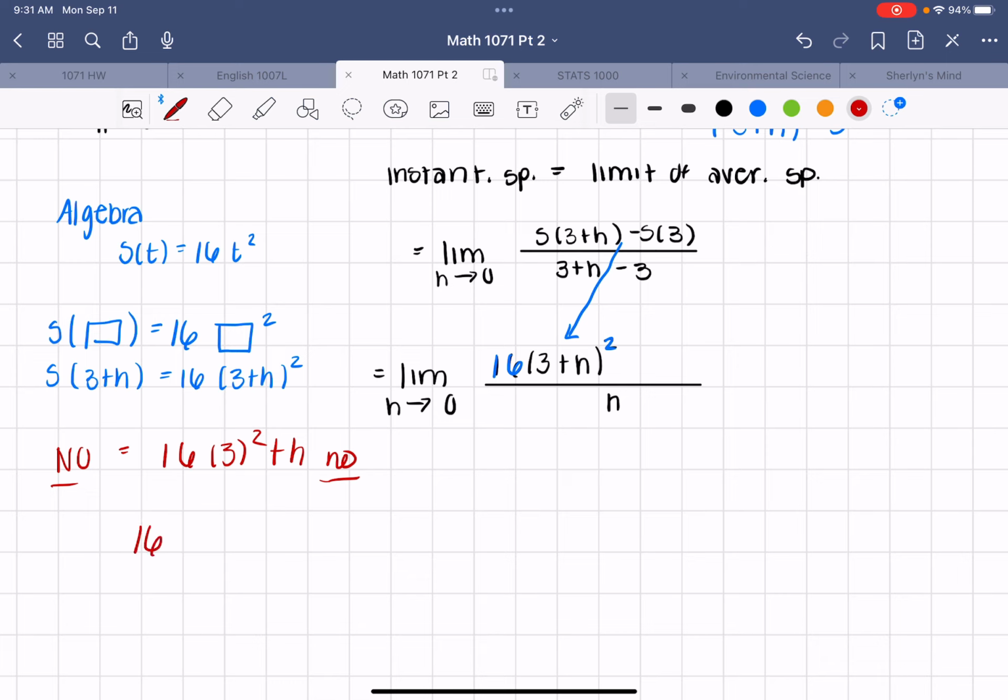Let's add it on at the end. No, because that is different from s of 3 plus h. It's a different creature. Very common mistake. So be careful, don't do that.